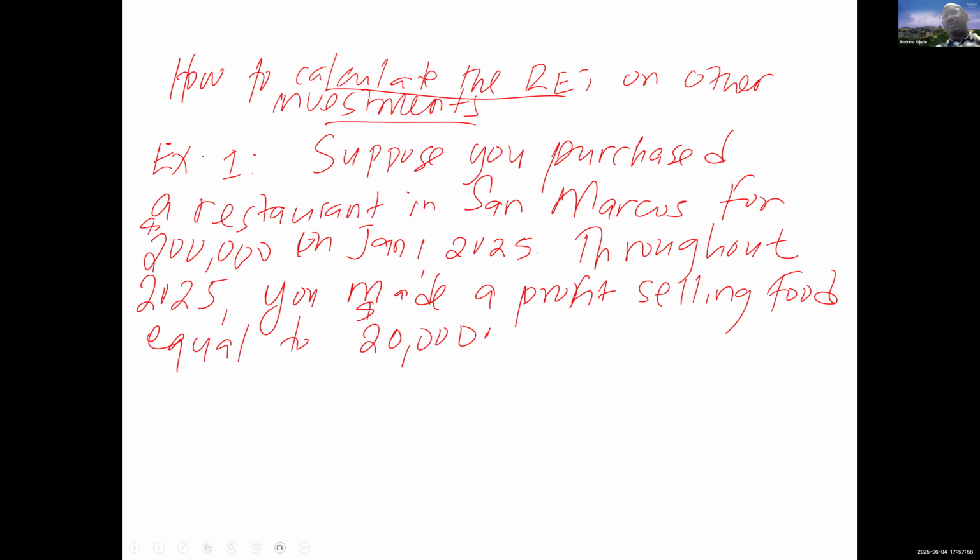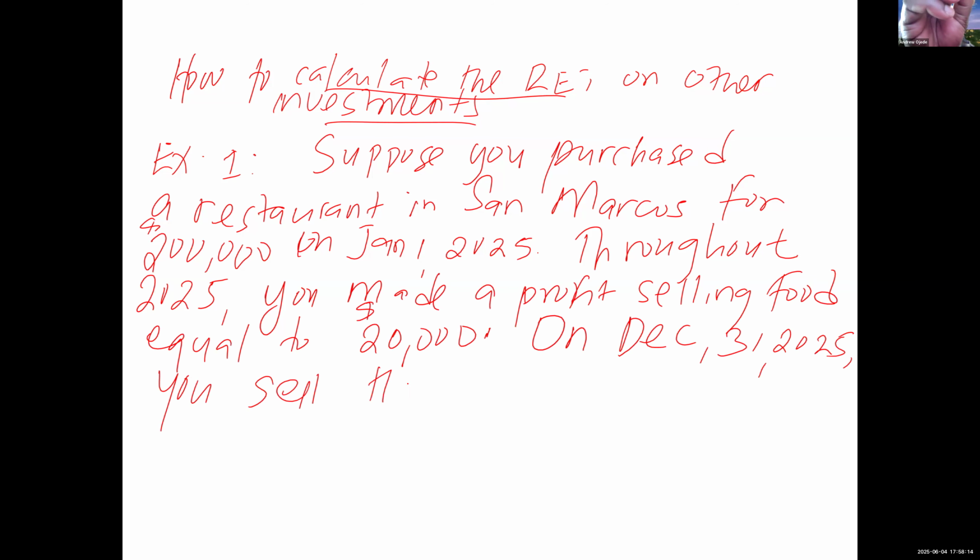That is the profit you made selling food throughout 2025. And then let's say just after 1 year, December 31, 2025, towards the end of the year, you decide to sell the restaurant. You sell the restaurant for $250,000.